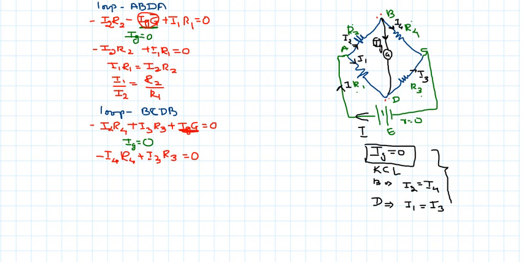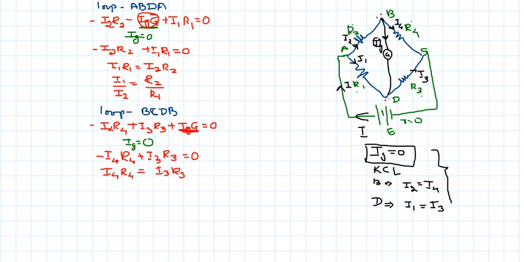Now, again solve this one. Therefore, on bringing this I4 R4 to the RHS, we will get the answer as what here? This one, right? I3 into R3.